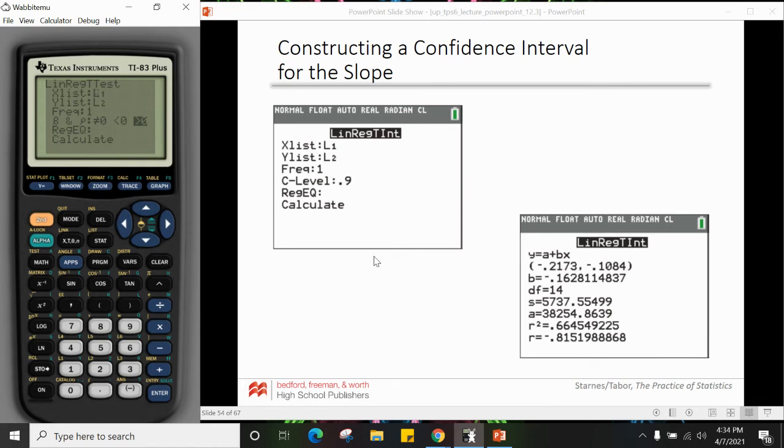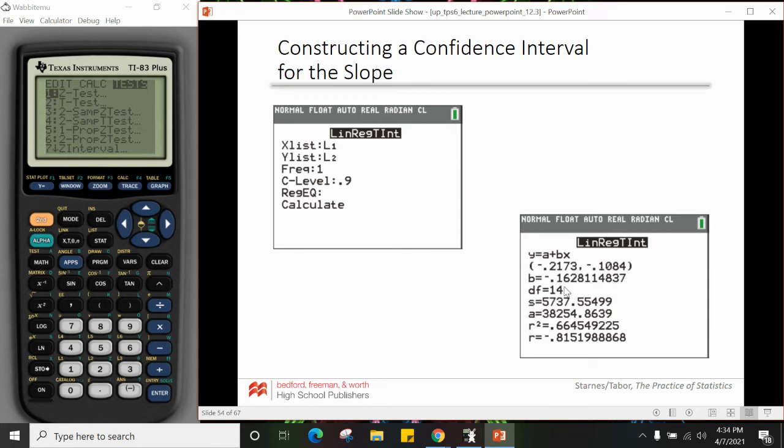I only have the test here, but it should be very similar. What you can see is if you had the new calculator and you plugged this in, you should get the same. Right here would be our interval.